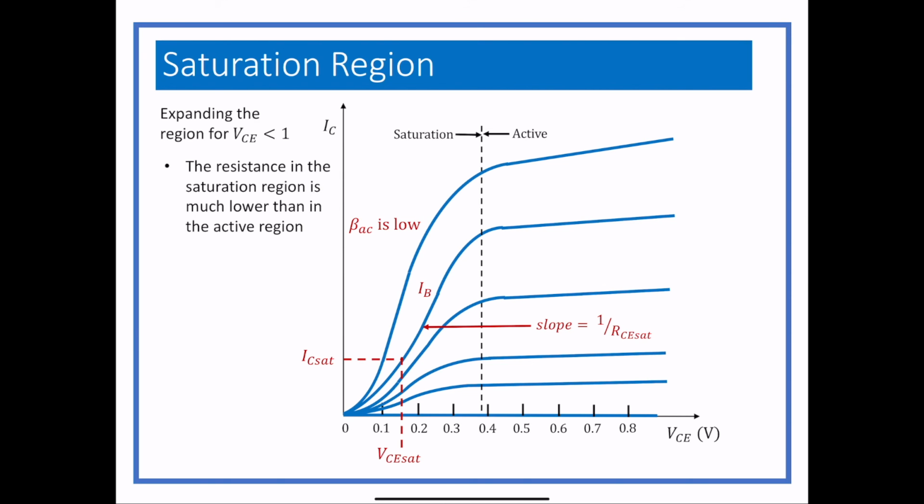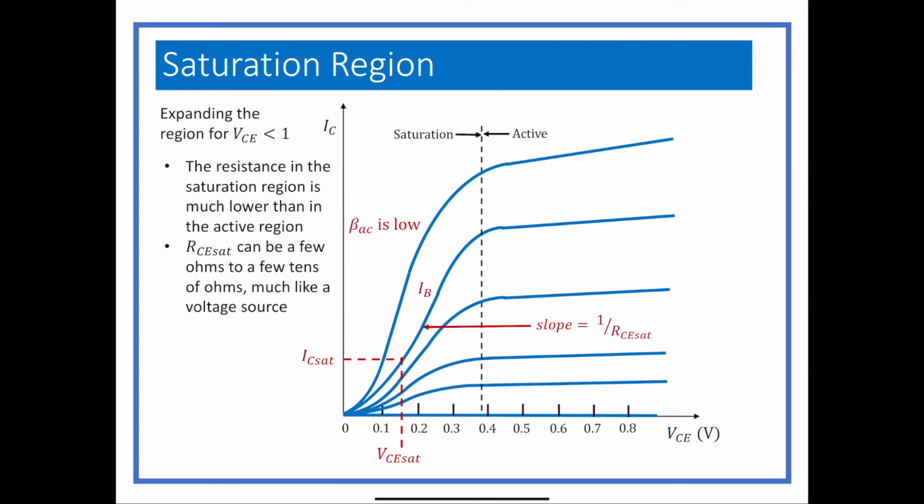Basically, this is just saying that the resistance at the saturation point is going to be way, way smaller than it is in the active region. In saturation, the resistance of the transistor in that junction is going to be a few ohms to tens of ohms, and in the active region, it's going to be really, really big. So most of the time, we don't worry about that too much.